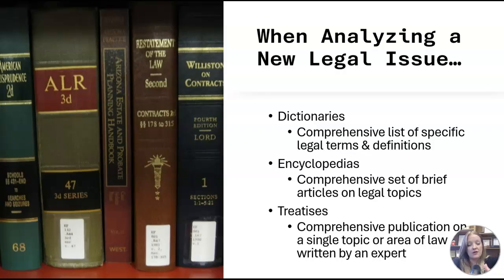So just like you have a dictionary where you can define specific terms, you'll find those within the law as well, right? And you probably have heard the big one that is a reference is Black's Law Dictionary. You may find that your firm even has those in print. You can find Black's Law Dictionary on Westlaw, right? But that's an important secondary source to look to.